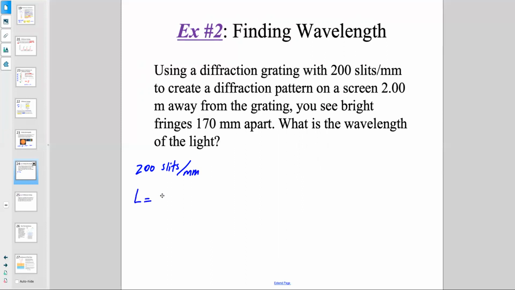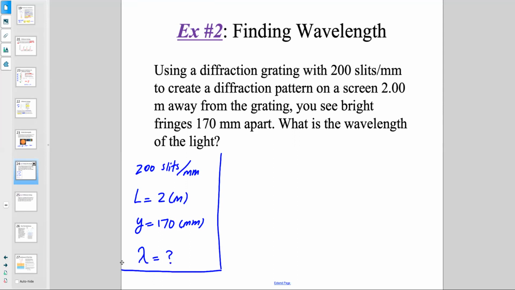So L is 2 meters. You see bright fringes 170 millimeters apart, so y is 170 millimeters. What we're looking for is the wavelength of the light, lambda.